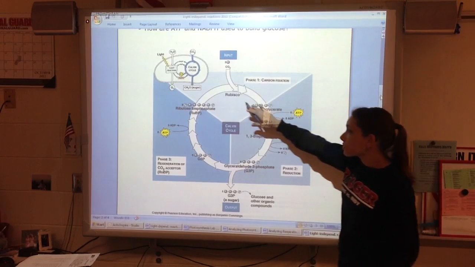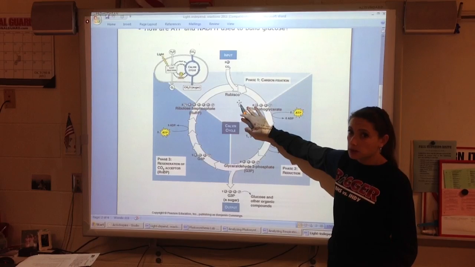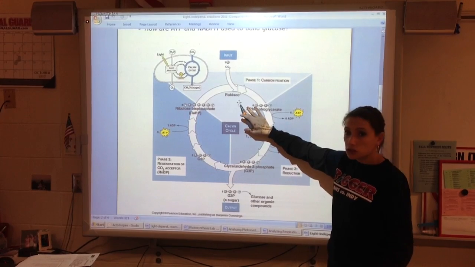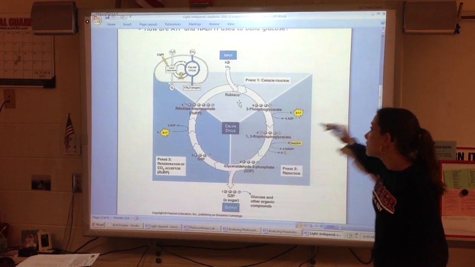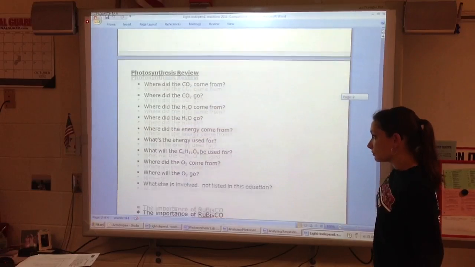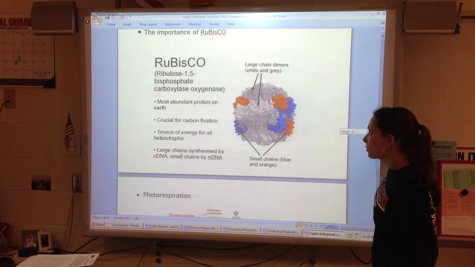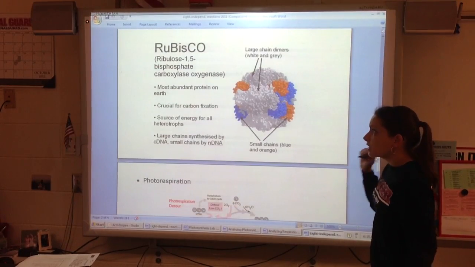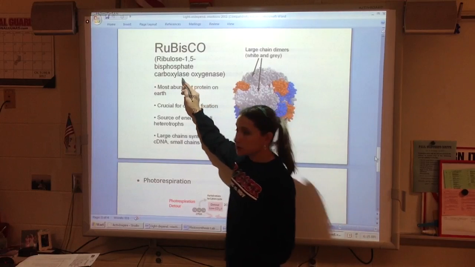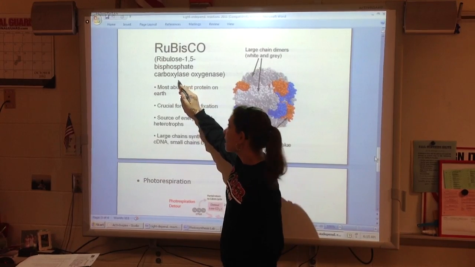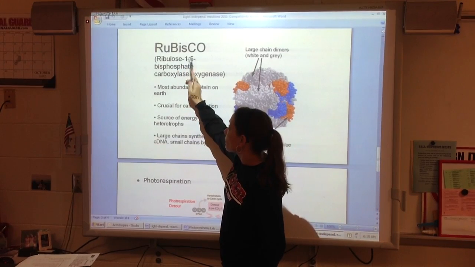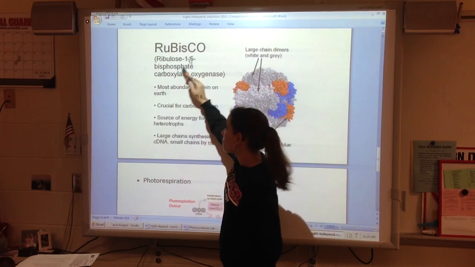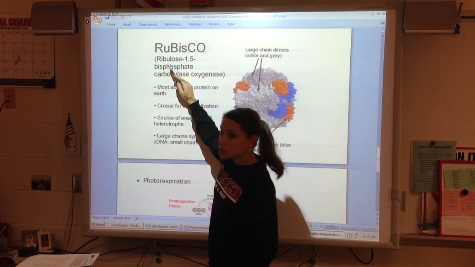When we look a little closer at this very important enzyme, rubisco, it actually turns out that rubisco is fairly inefficient. And so when we look at rubisco, it is an enzyme. We do see it as an -ase. It's ribulose 1,5-bisphosphate, so that is actually one of the main substrates.